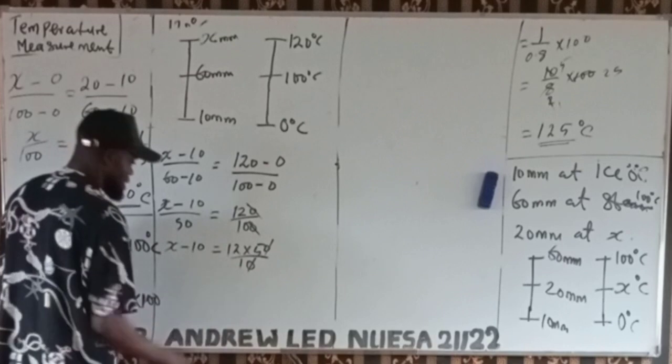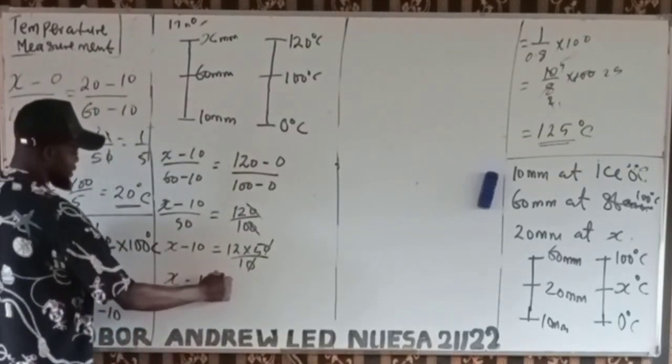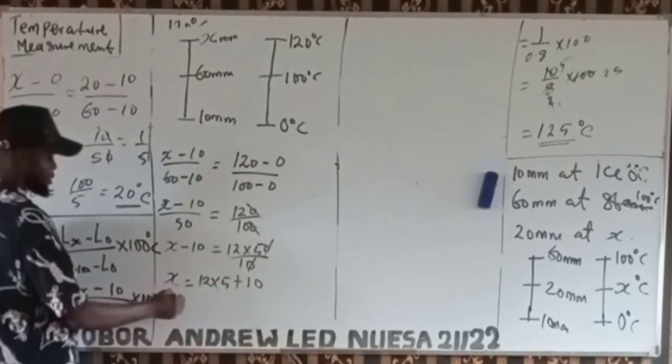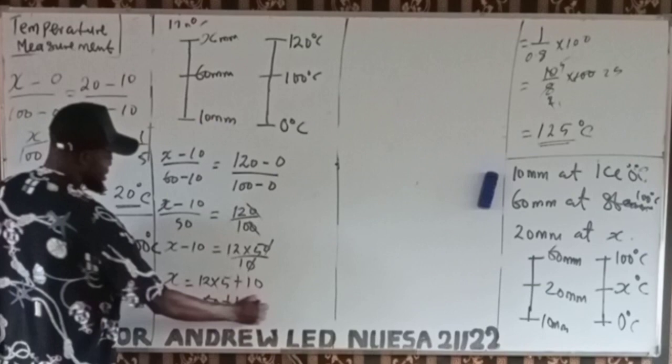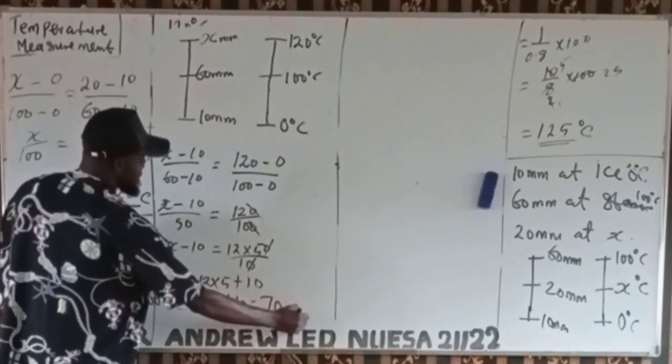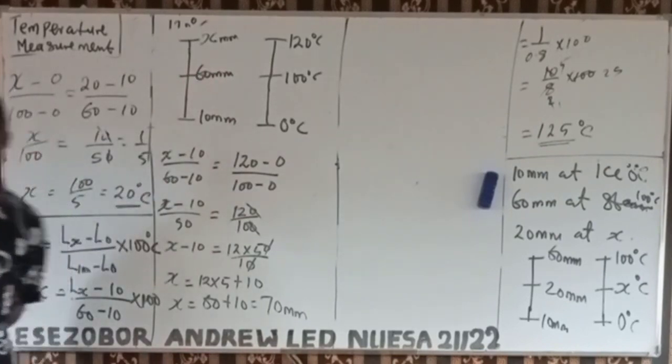This one will cancel this as well. So we have x equal to 12 times 5 plus 10. 12 times 5 is 60, plus 10, that is 70 millimeters. So the length at the temperature of 120 degrees Celsius is 70 millimeters.